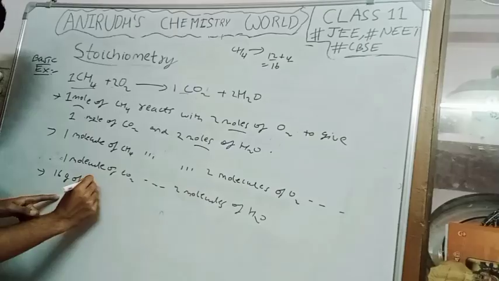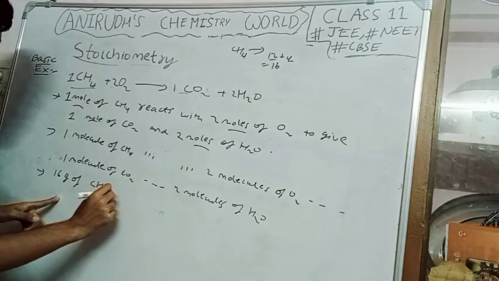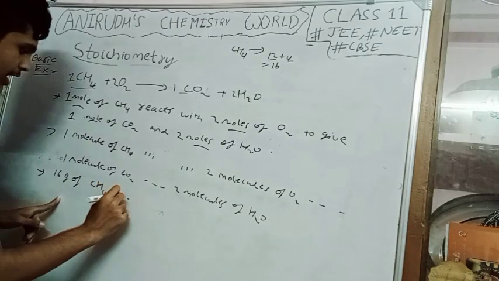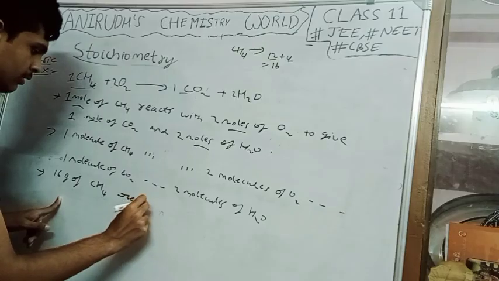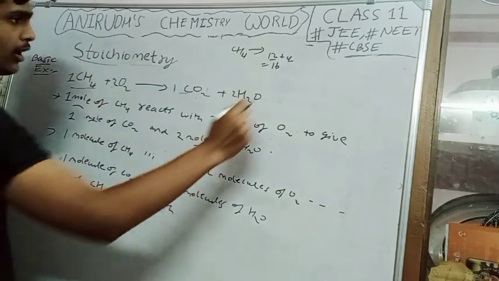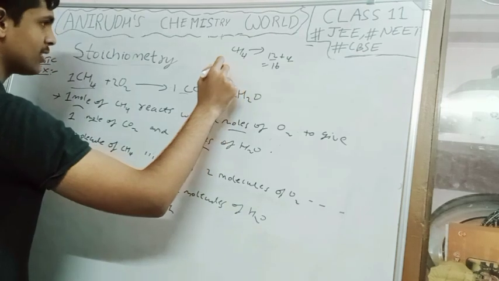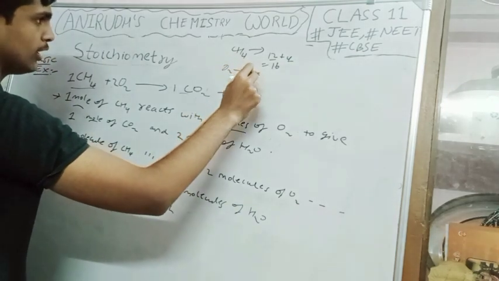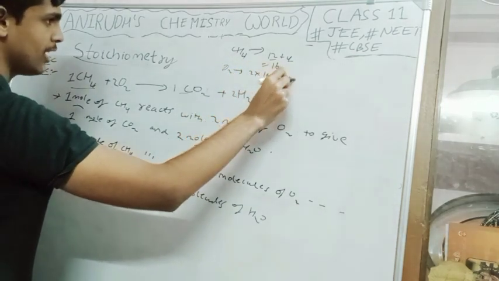So 16 grams of CH4 reacts with, what's the mass of oxygen? O2 mass is 2 into 16, that is 32.